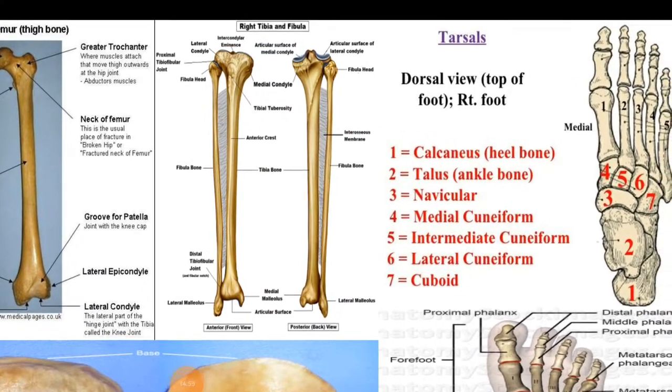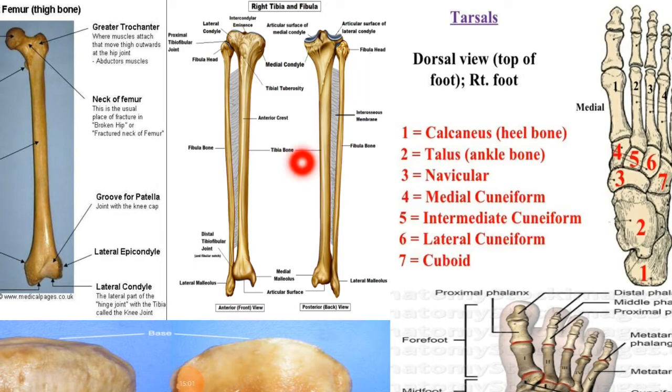Next we have the tibia and fibula. Tibia is on the medial side, and the fibula is the bone that lies on the lateral side. So the proximal parts of these two bones have the condyles, the articular surfaces for the medial and the lateral condyles of the femur.